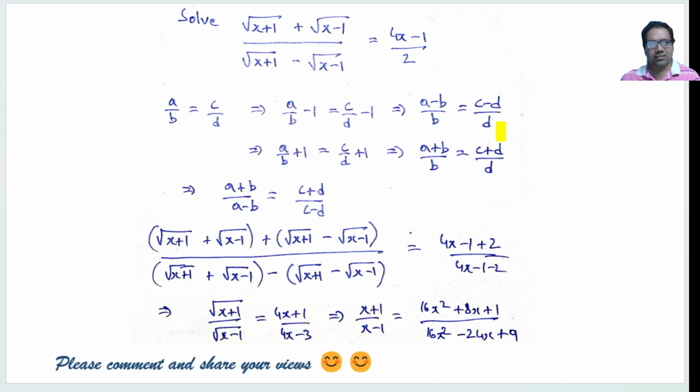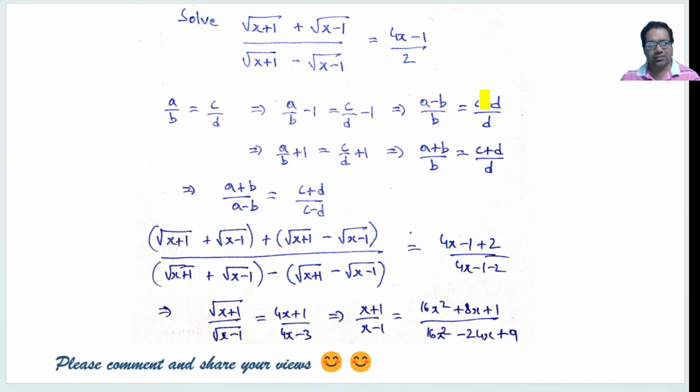These two equations, when this equals this, obviously this by this equals this by this, right? So if we take this as the second equation and that as the first equation, second by first should be equal on both sides.